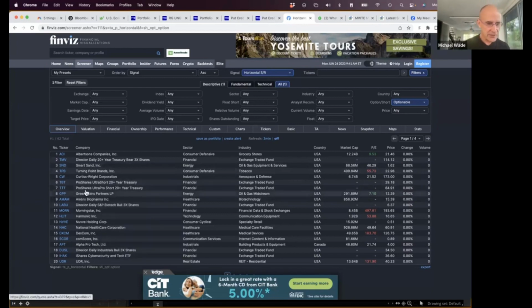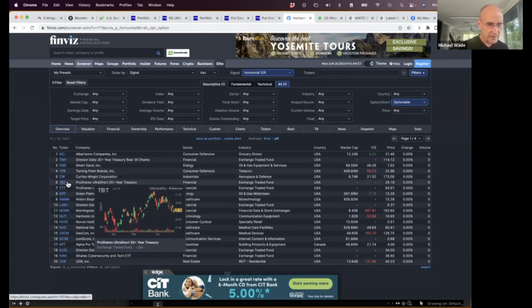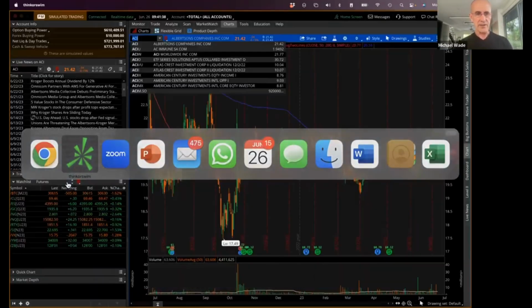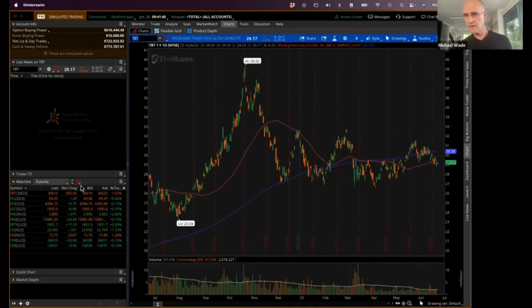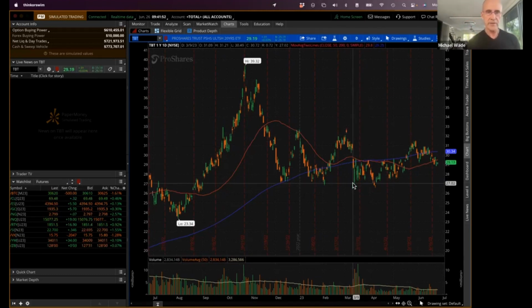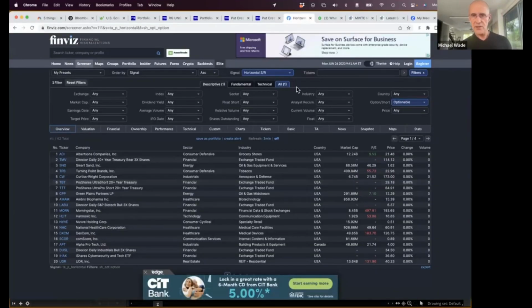GPP, just trying to find one I recognize. TBT, the bonds, TBT. Horizontal support resistance. Yeah, I'd say it has it. 31, 30, this 32, 30 or so, right down here at 27. That's inverse bonds, ultra short bonds. So there's a lot here.